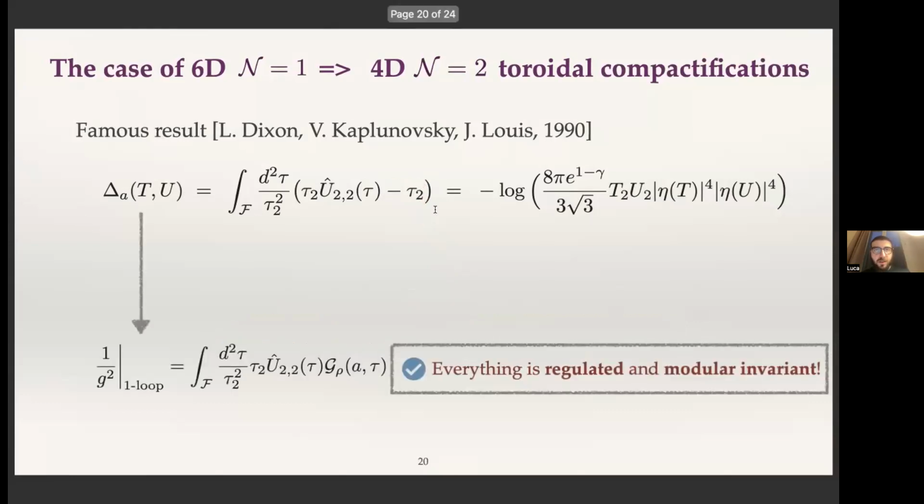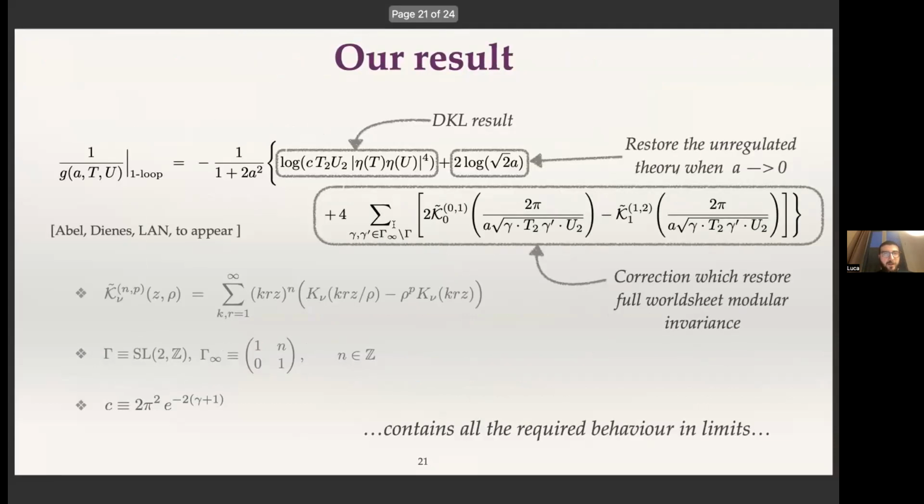So what we can do is the following: instead of subtracting the contribution of the massless states, we deform the integral again, adding this regulator. So now everything is regulated and modular invariant. The result we got is the following.